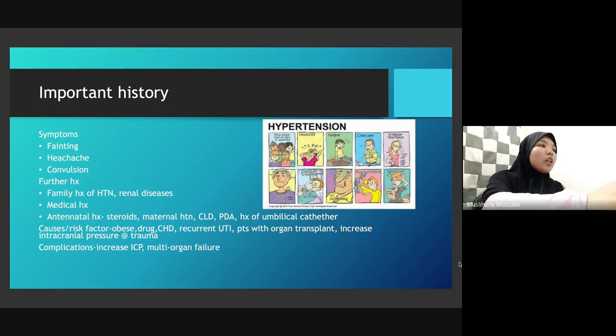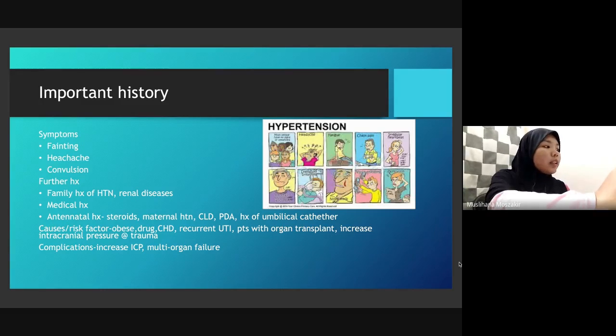For medical history, if the patients have already had heart problems or renal problems. And then for antenatal history, it is more common in neonates and infants with antenatal steroid, maternal hypertension, postnatal acute renal failure, chronic lung disease, and also indwelling umbilical arterial catheter.